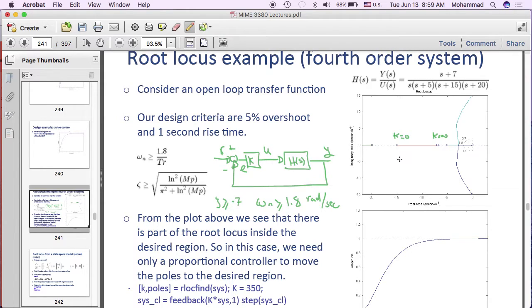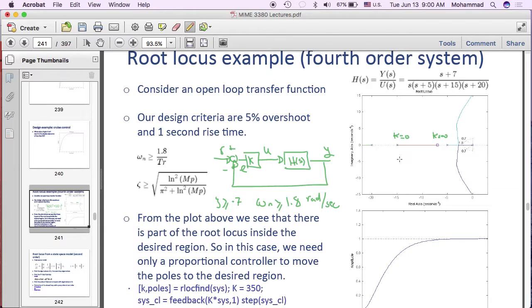It is strange because I do introduce a pole at negative 15, but I don't see it in my pole zero map. So let's try one more time. So I had a typo. I found the typo.